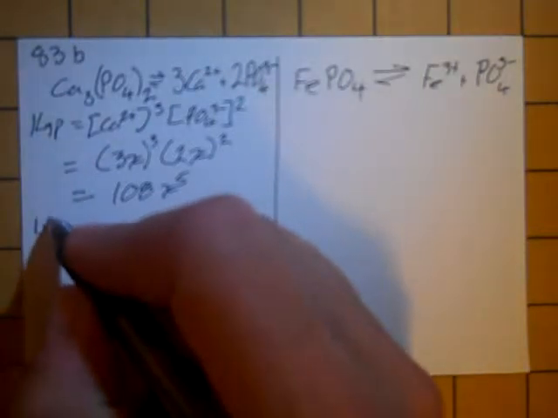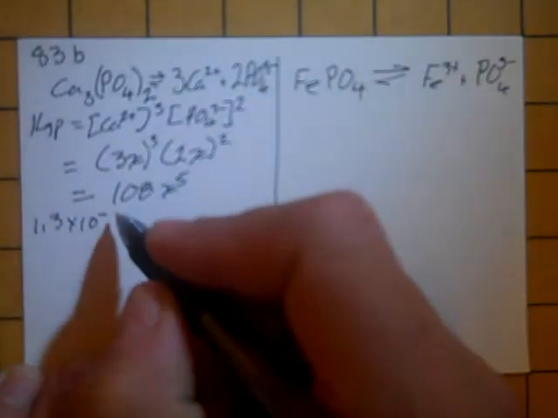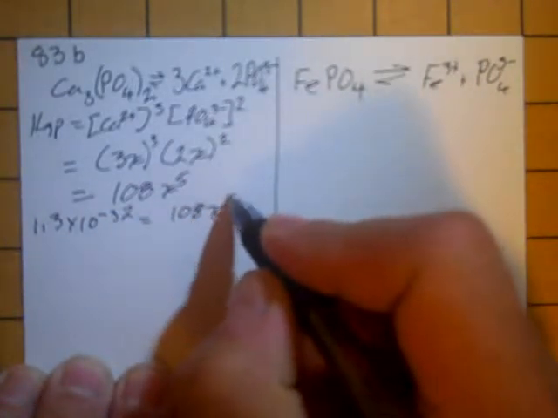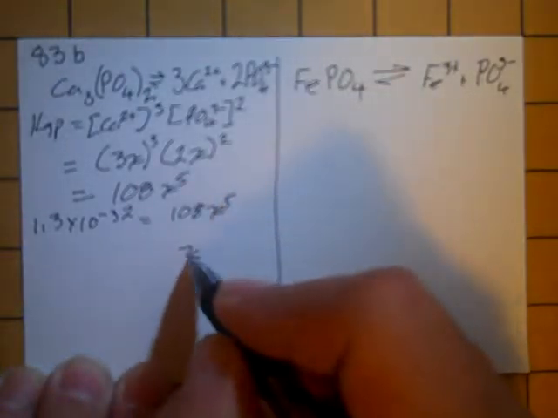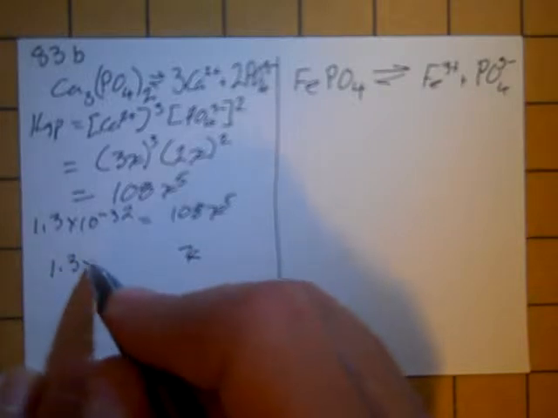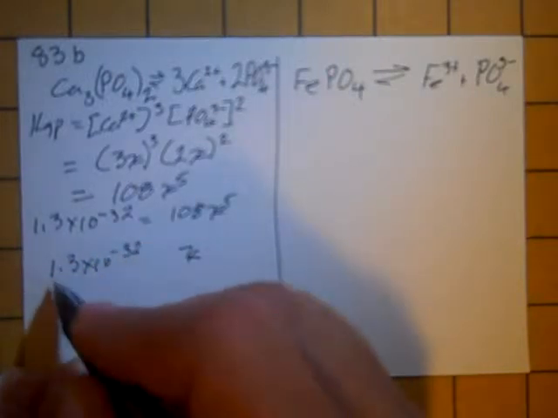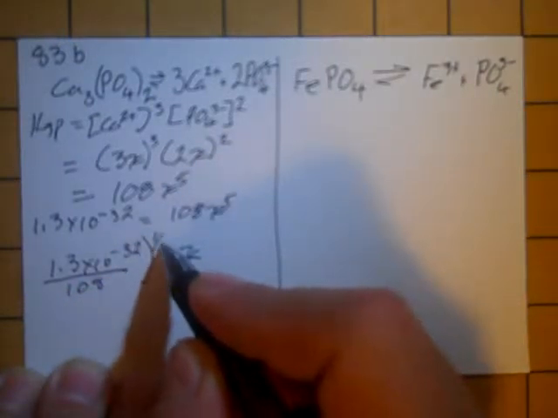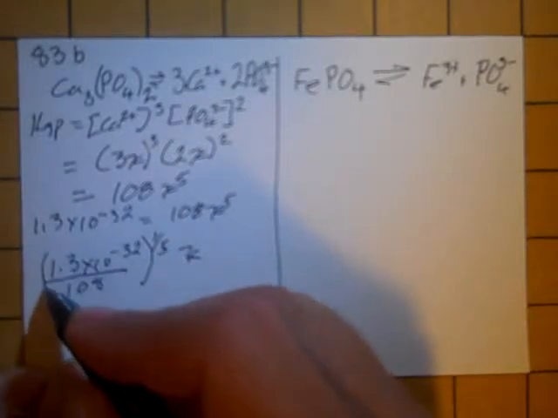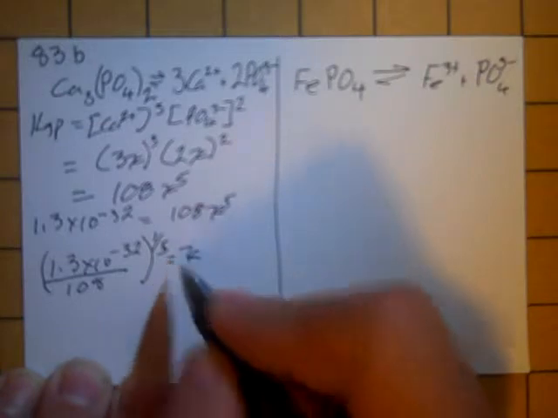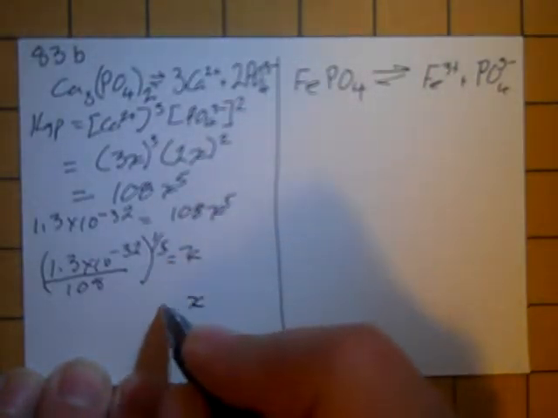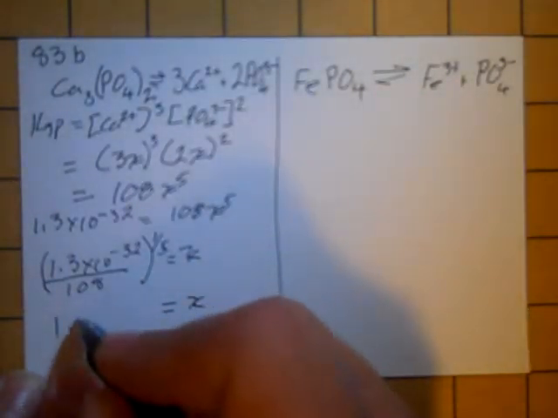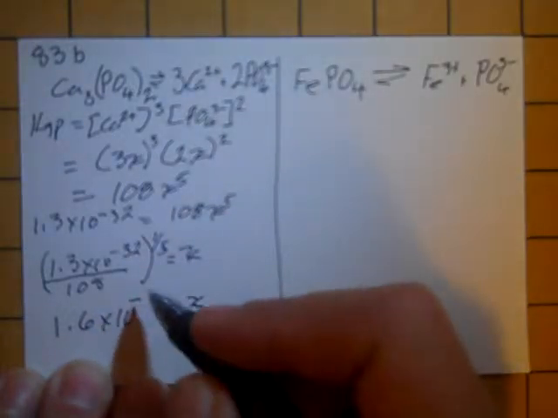So our KSP is 1.3 times 10 to the minus 32, and our x will just be our KSP divided by 108, the 5th root of that whole thing will equal x. So x is 1.6 times 10 to the minus 7.